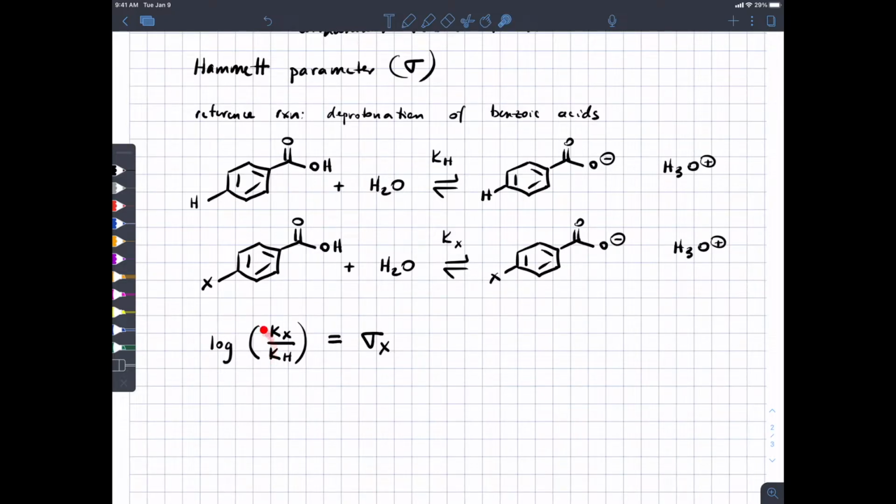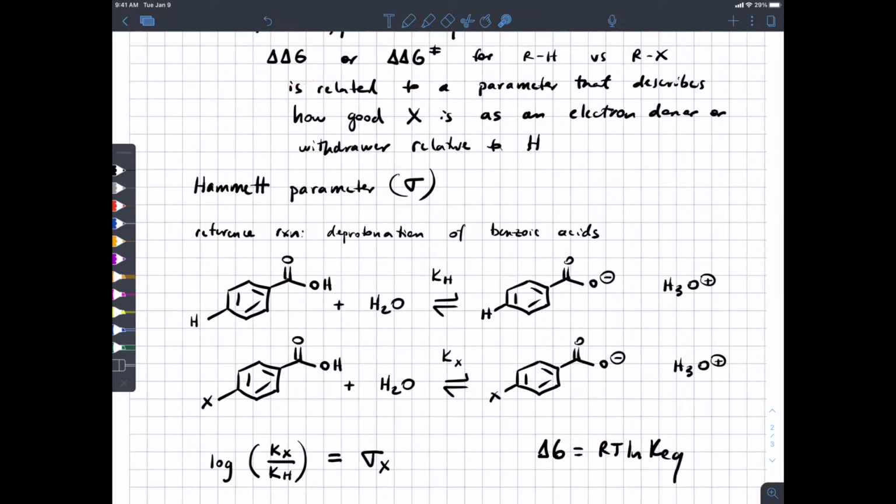Why do we take the log here? Well, do you remember that free energy is related logarithmically to the equilibrium constant? And ultimately, we're going to be using these Hammett parameters to try to understand things about free energy changes in reactions or activation energy. So that's why we take the log.